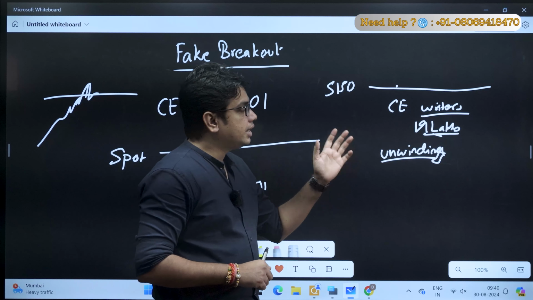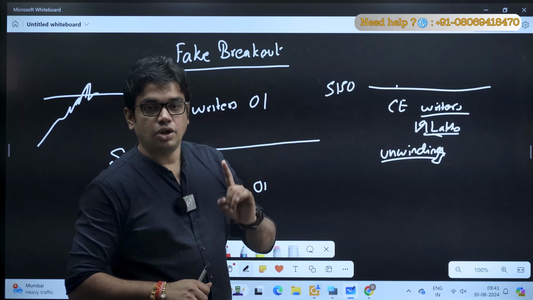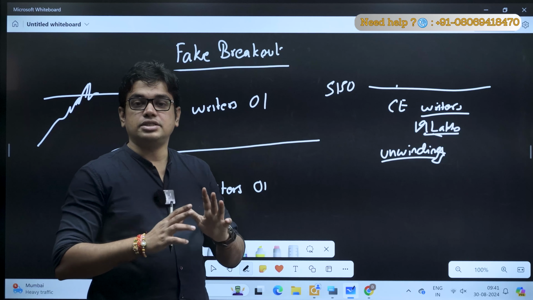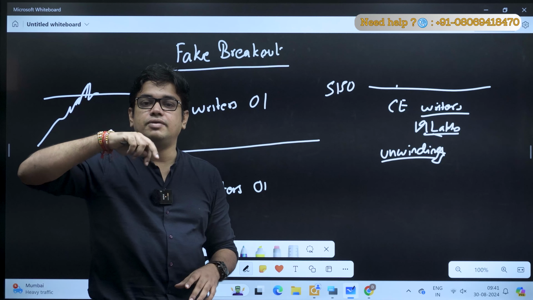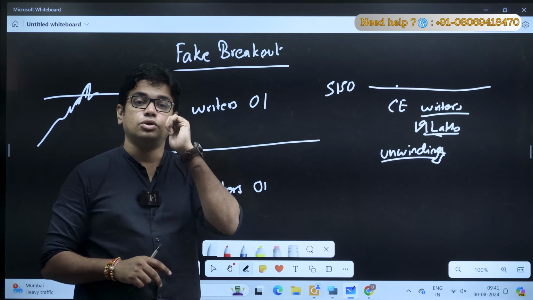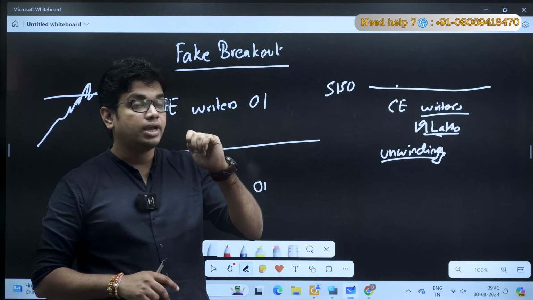Now it might not happen at once, because you can see on the chart, the market just touches that particular level and spends more time at that level. So you have the perfect opportunity to look at open interest.